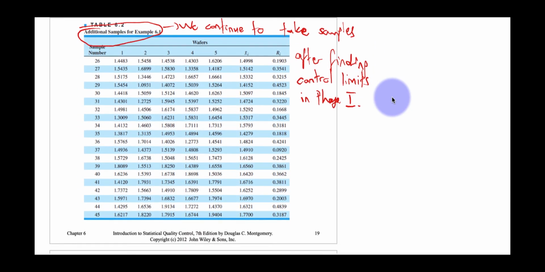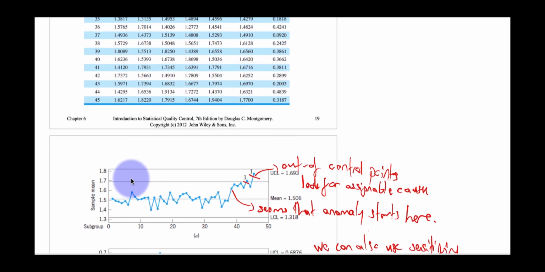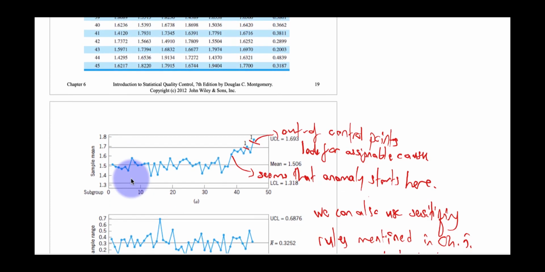So for example, in the hard-baked process example, we continue. In phase 2, after setting our control limits and the central line, we took an additional 20 samples. So we continue to monitor the process.